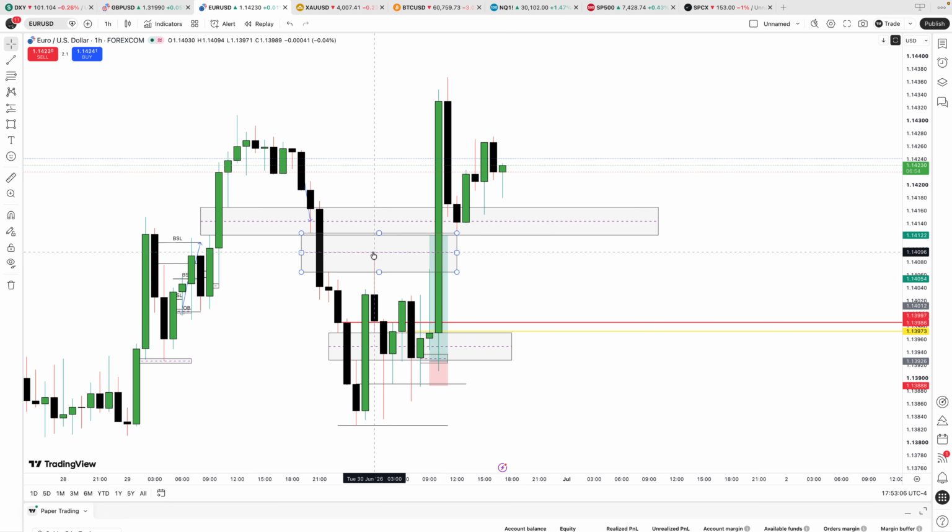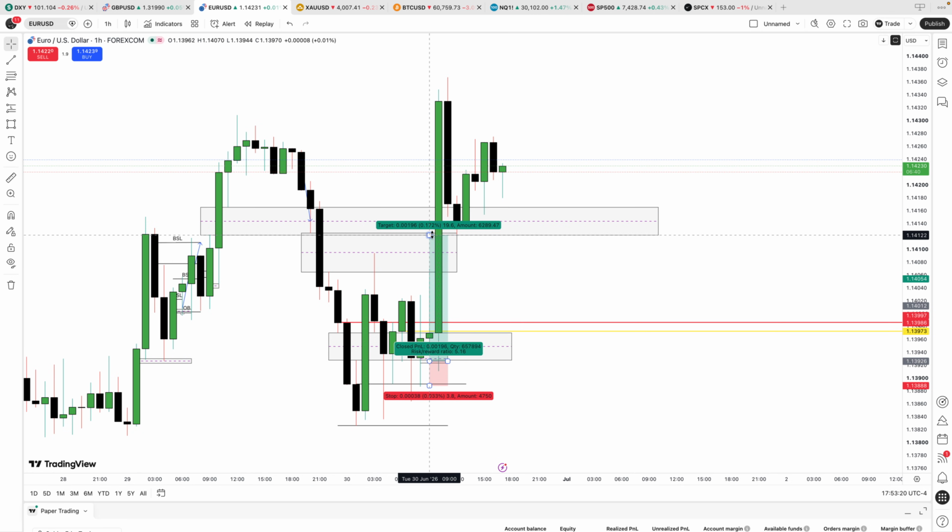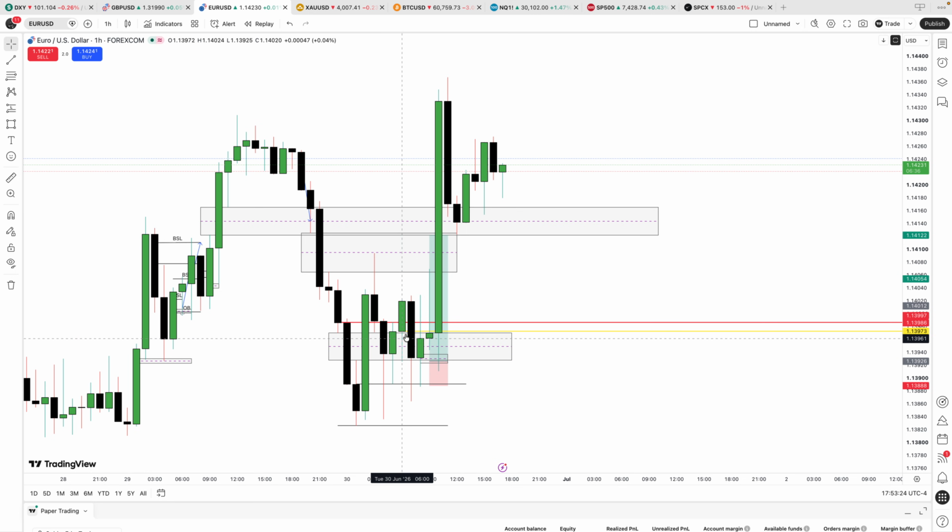This high needs to be taken. This is obviously a breaking structure to occur. Looking at this high to be taken definitely, and what would I have traded it to, like this inversion fair value gap here, and that would be my safe point when I came into the market with opening price at this point here.